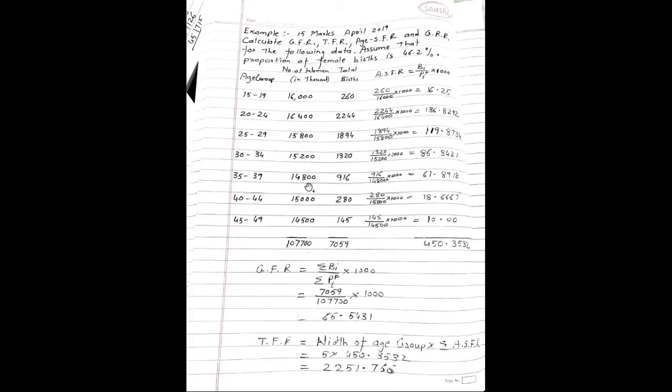Next age group 35 to 39. Number of women are 14,800. Total births are 916. So 916 upon 14,800 into 1000. So the answer becomes 61.8918. Then age group 40 to 44. Number of women are 15,000. Number of births are 280. So ASFR calculations are 280 upon 15,000 into 1000.